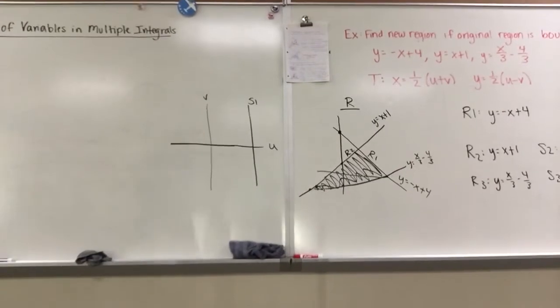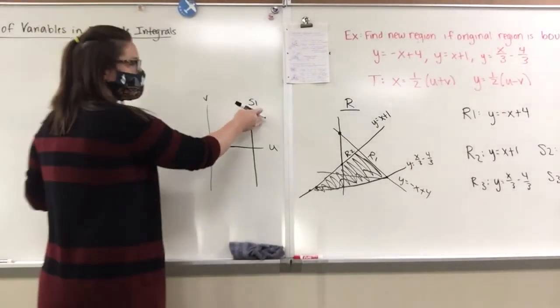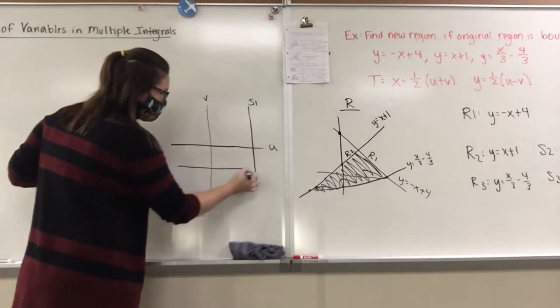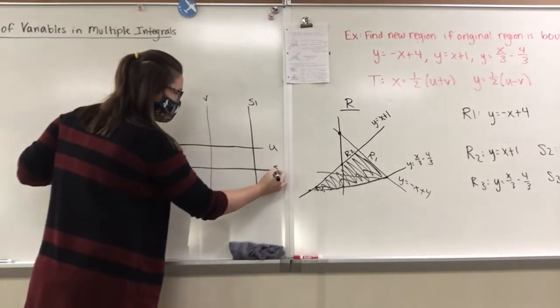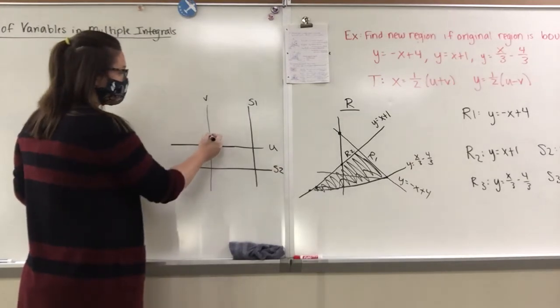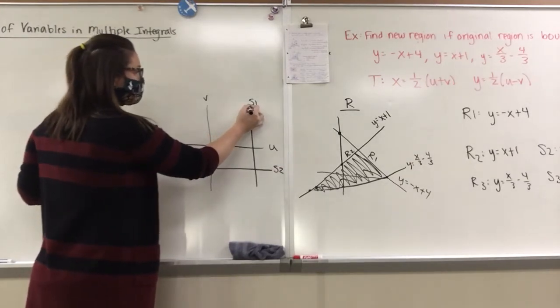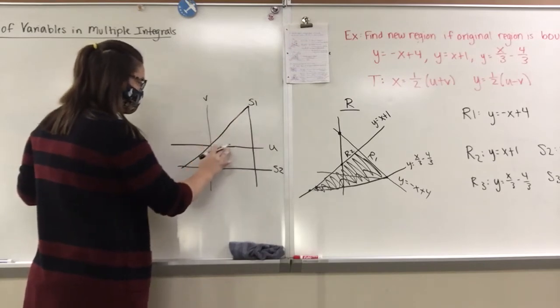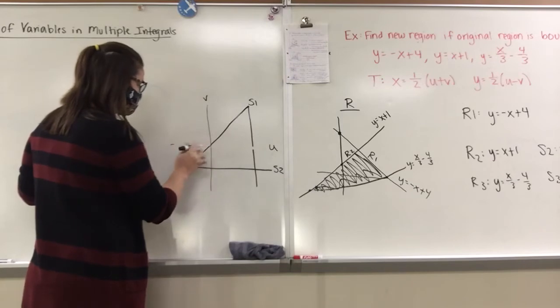So again, let's just compare the regions here. There is my S1, that was just u equals 4. V equals negative 1 is down here. So that's my S2. And then 1/2 u plus 2 is going to give you something like this, okay? And obviously my picture, that's not so good because that looks like it's going through the origin.